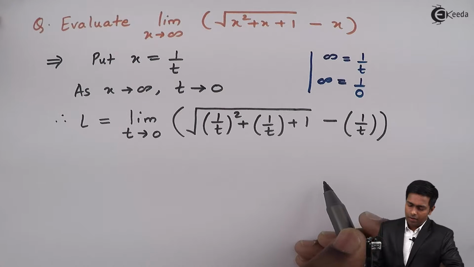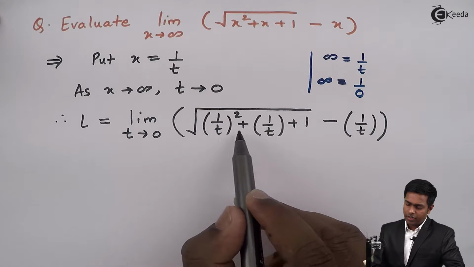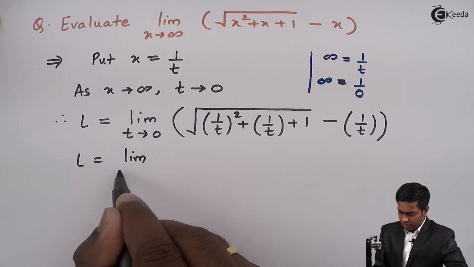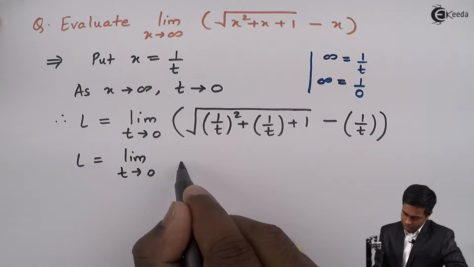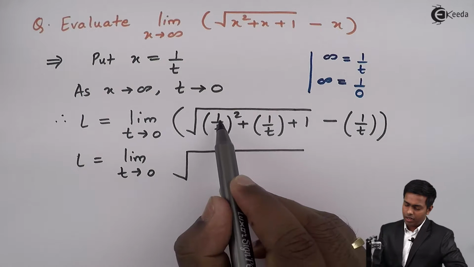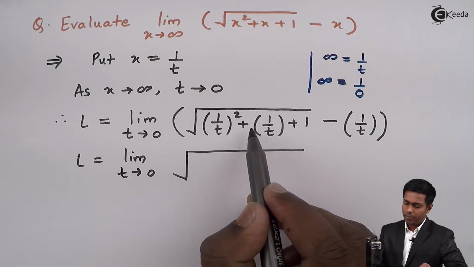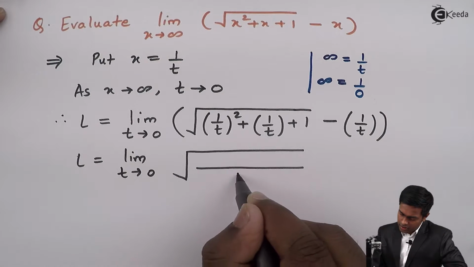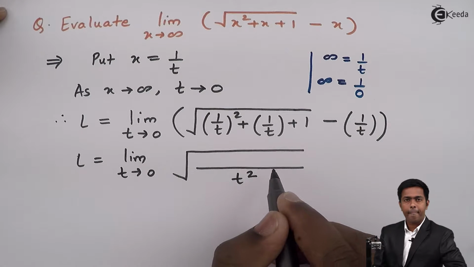So after taking the LCM in the square root, we will get L as limit t tends to 0 square root of, now here we have 1 upon t square plus 1 upon t plus 1. So the LCM of these three terms is t square.